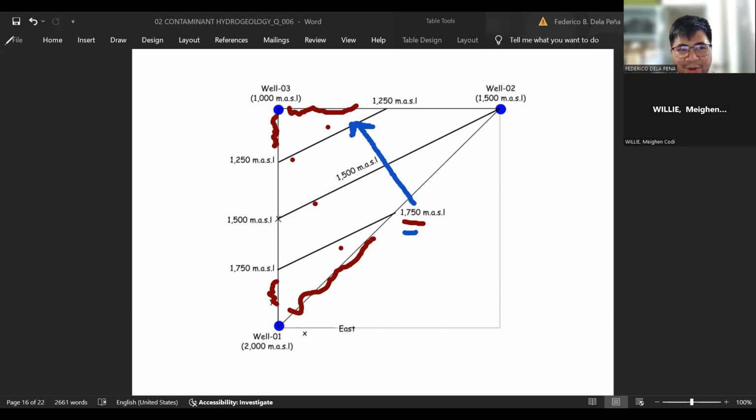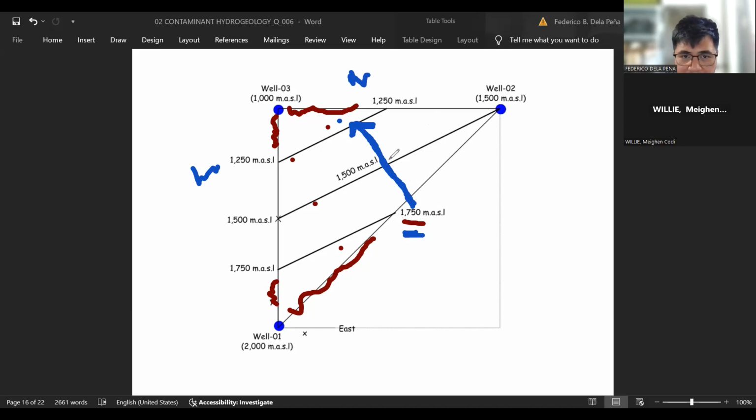Okay, I think you're not yet ready to answer. Anyway, the direction of the groundwater flow was based on the elevations. The arrow that we drew across the contour lines is going somewhere north and somewhere to the west. So it's going northwest.